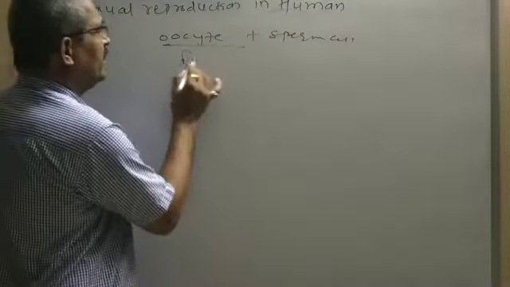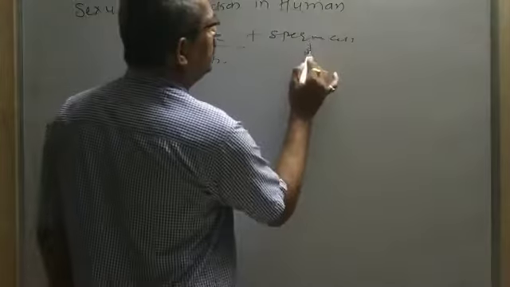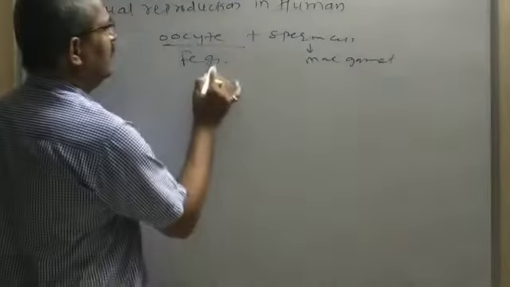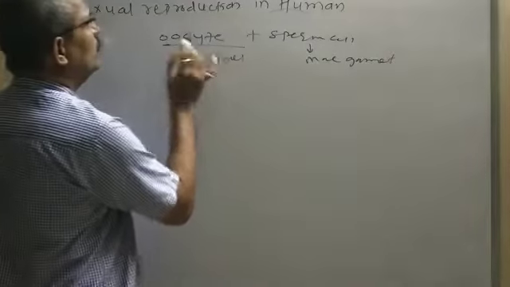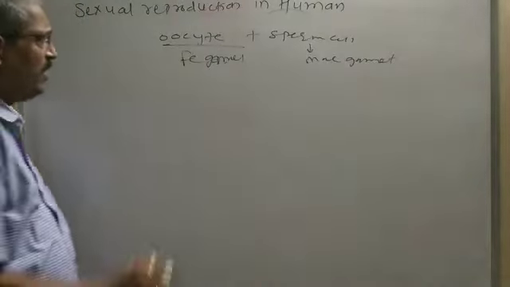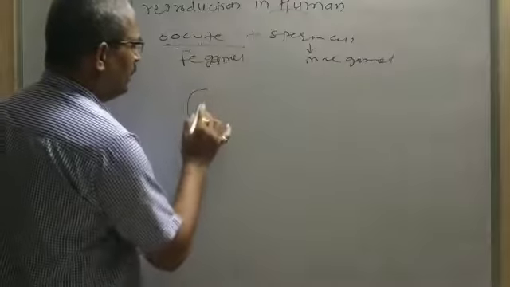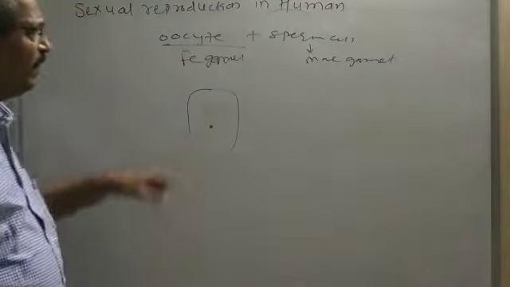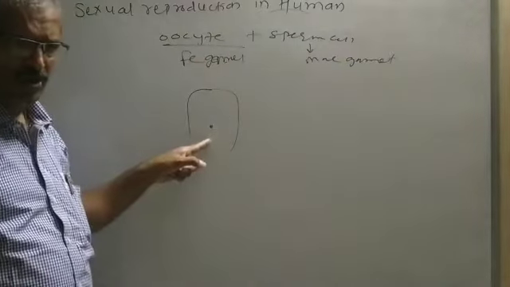The oocyte is the female gamete and the sperm cell is the male gamete. The oocyte is waiting for the sperm cell in the uterus.